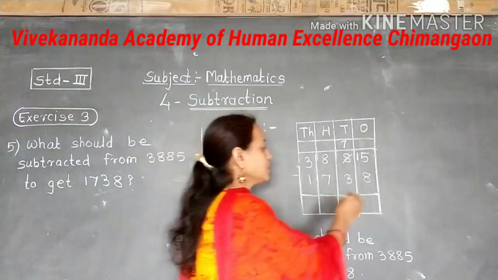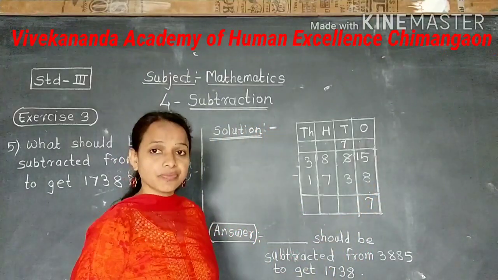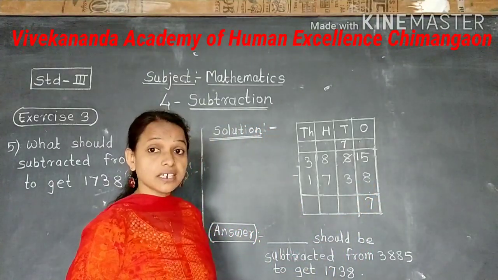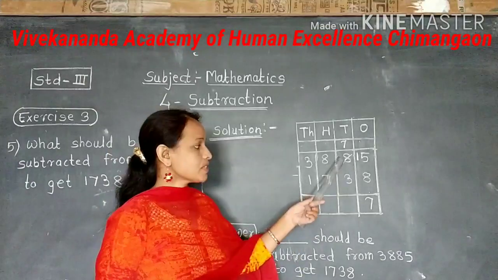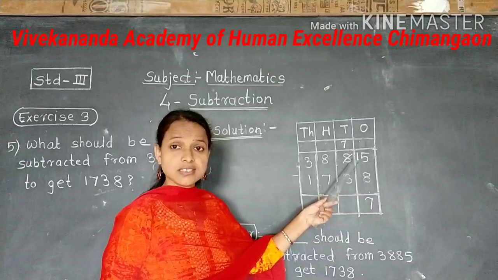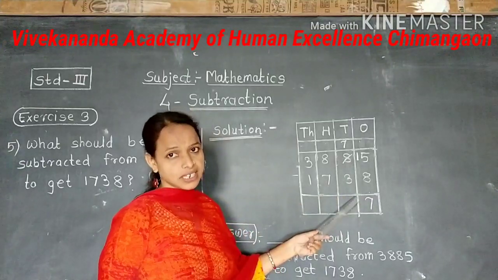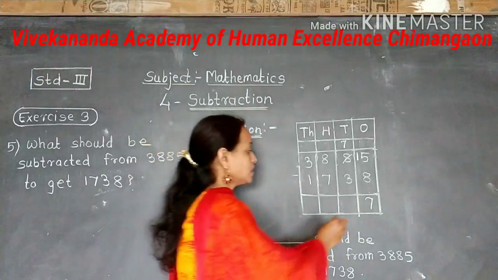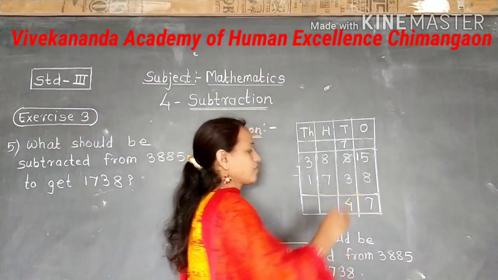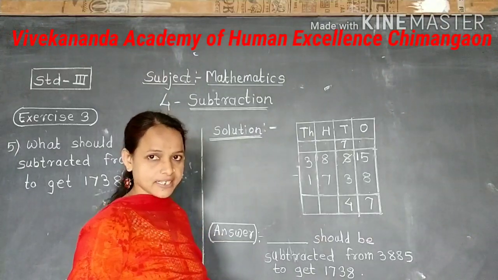So we write 7 in the ones place. Next, subtract tens. Subtract 3 tens from 7 tens. 7 minus 3 is 4 tens. So we write 4 in the tens place. Next, subtract hundreds.